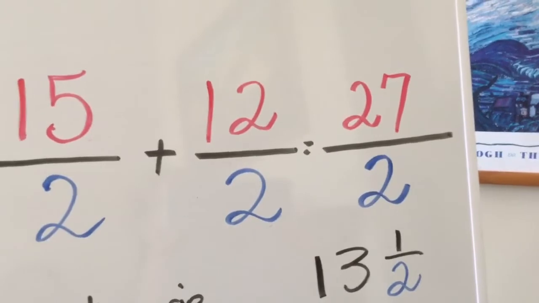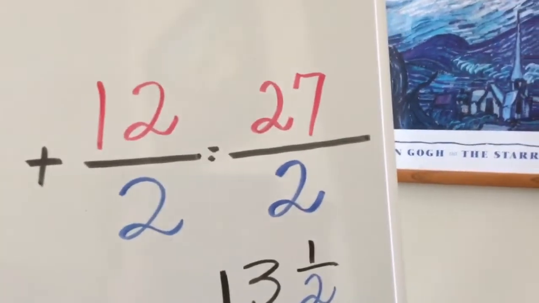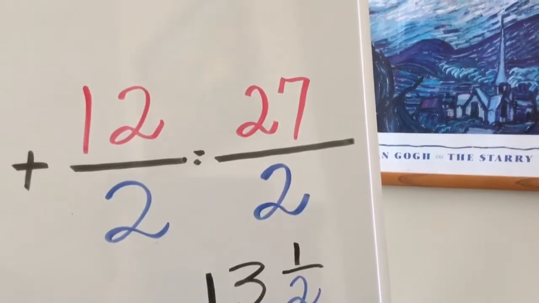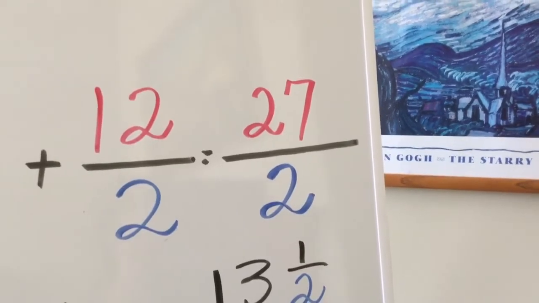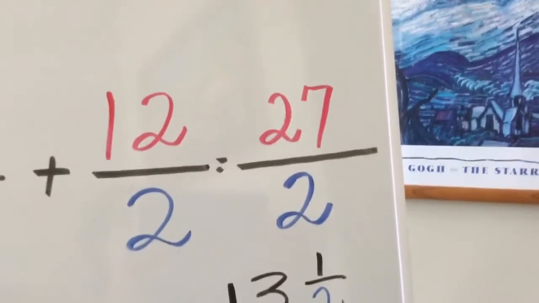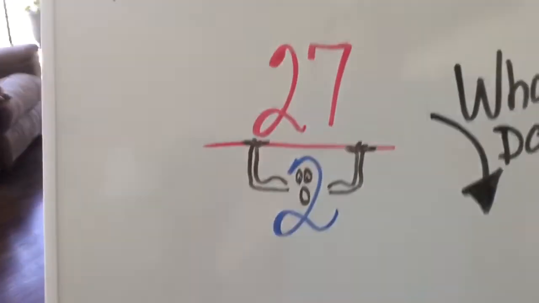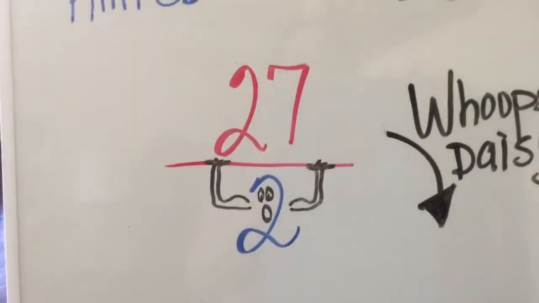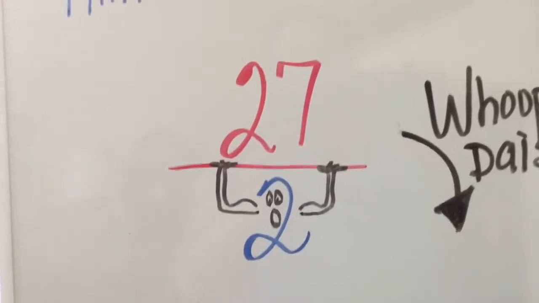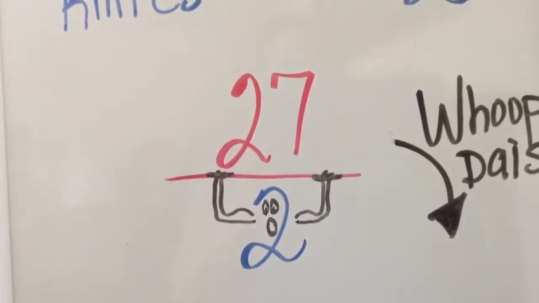All right, let's come down to the next step. Since this is a weirdo, we cannot leave it this way. This is another way to reduce a fraction. You see the 2 underneath is stressing out a little bit because it's too small to hold up 27.